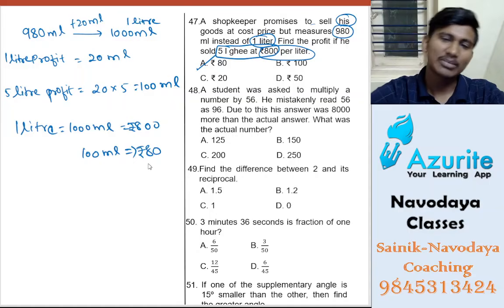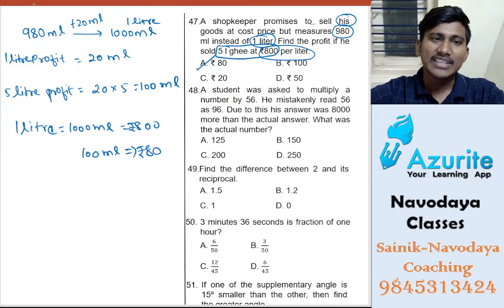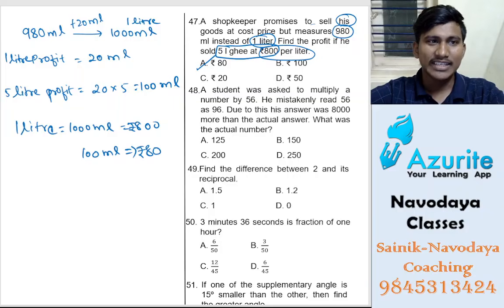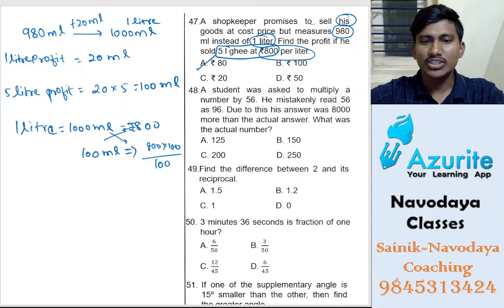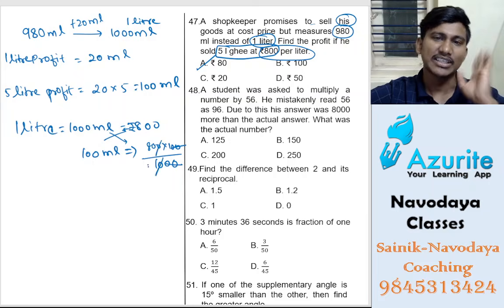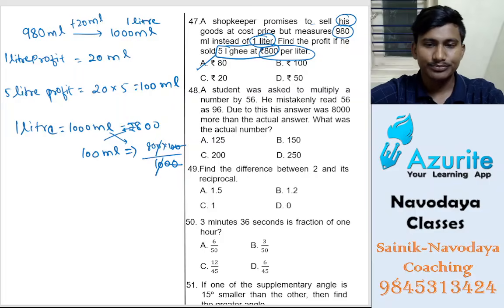Or you can cross multiply and you will get the same answer. If you cross multiply, 800 into 100 divided by 1000, here 2 zeros cancel, here 1 zero cancels, 80 is remaining. Anyway, you can do it.